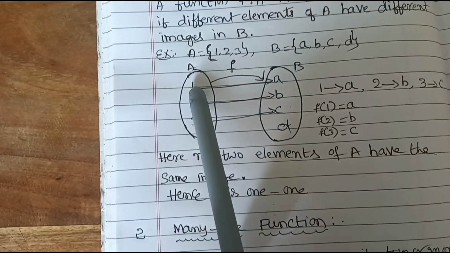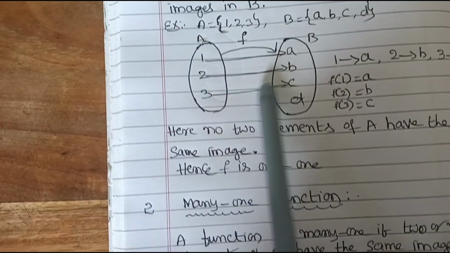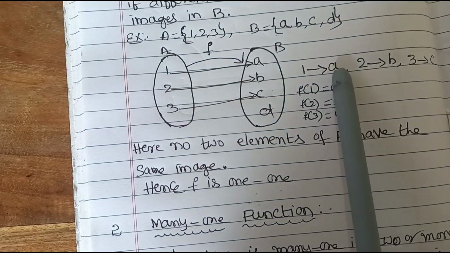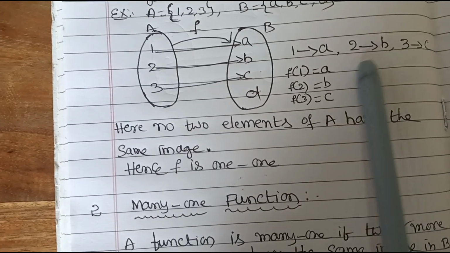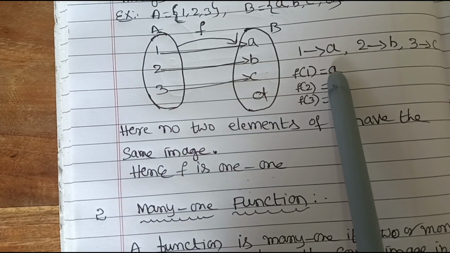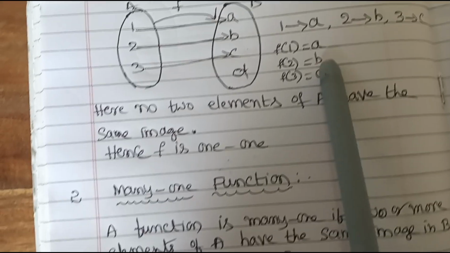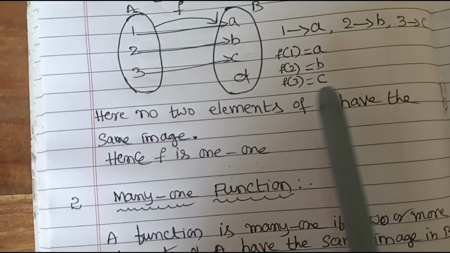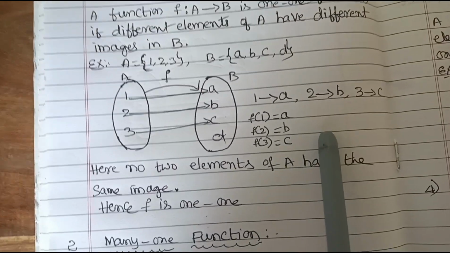Here the image of element 1 is A, the image of element 2 is B, and the image of element 3 is C. It is also written as f of 1 is equal to A, f of 2 is equal to B, and f of 3 is equal to C.